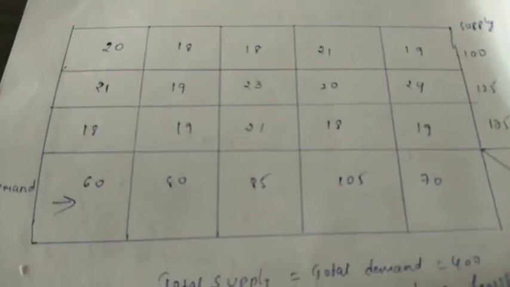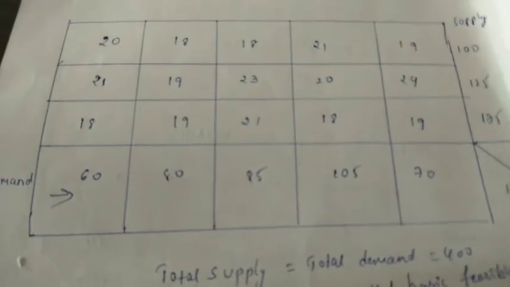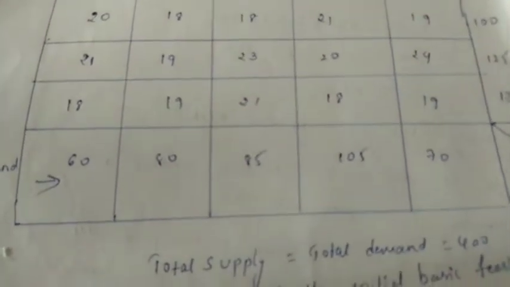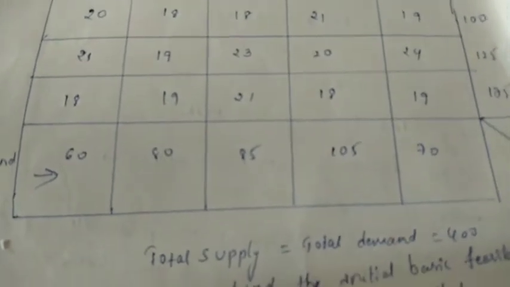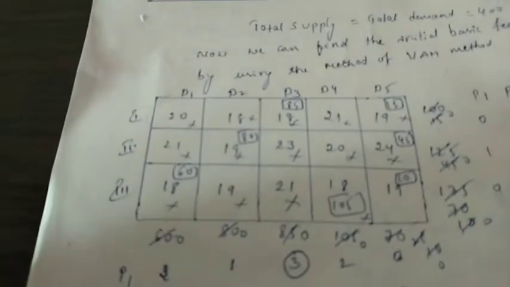Here the cost values are 20, 18, 21, 19, 23, 20, 24 and 18, 19, 21, 18, 19, and the demands are 60, 80, 85, 105, 70. These numbers are related to demand. First of all, take this matrix and solve it like that.